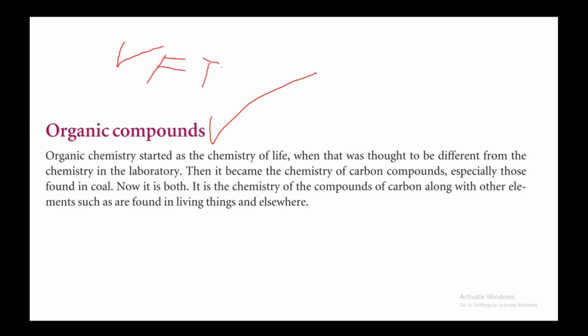This theory stated that organic compounds cannot be synthesized in a laboratory. They can only be obtained from a natural source, be it a plant, be it an animal, whatever it is, but it must be a natural source. That is how organic chemistry used to be defined.